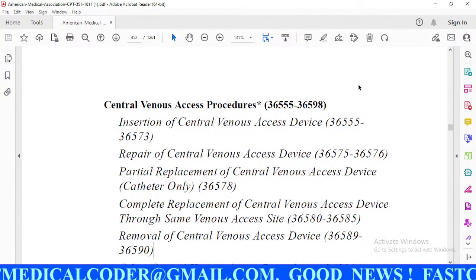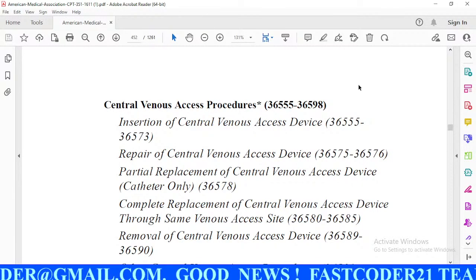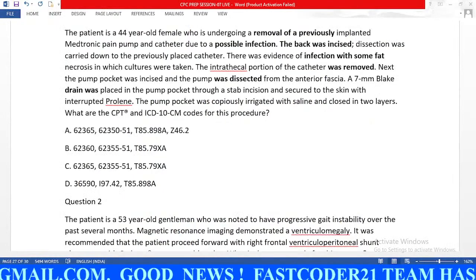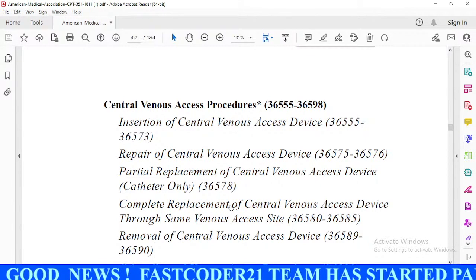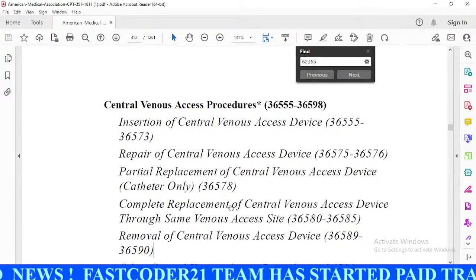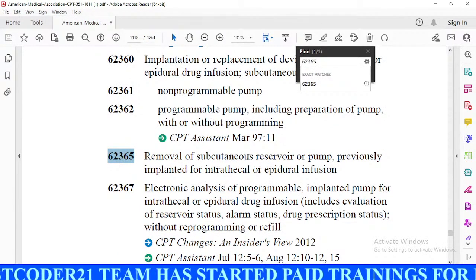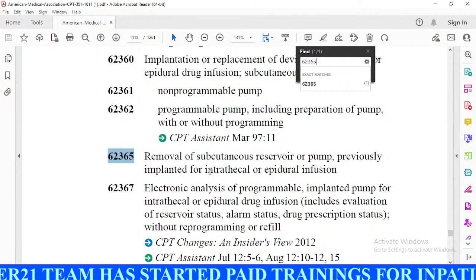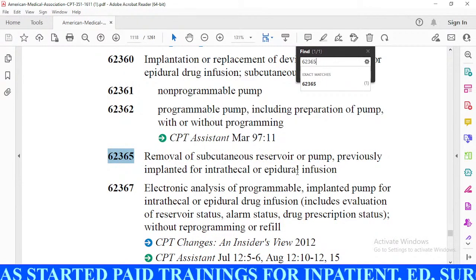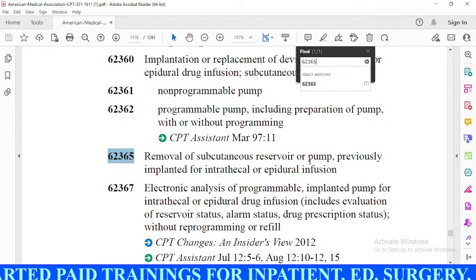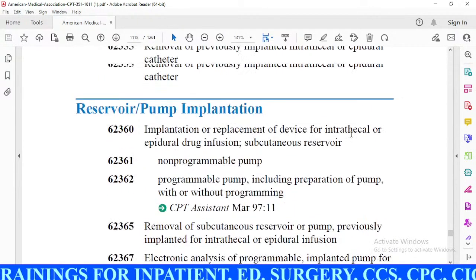Next we are left with 62365. Here the physician has removed a subcutaneous reservoir or pump previously implanted for intrathecal epidural infusion, as well as 62355. This is for removal of reservoir or pump. So we can check 62355.